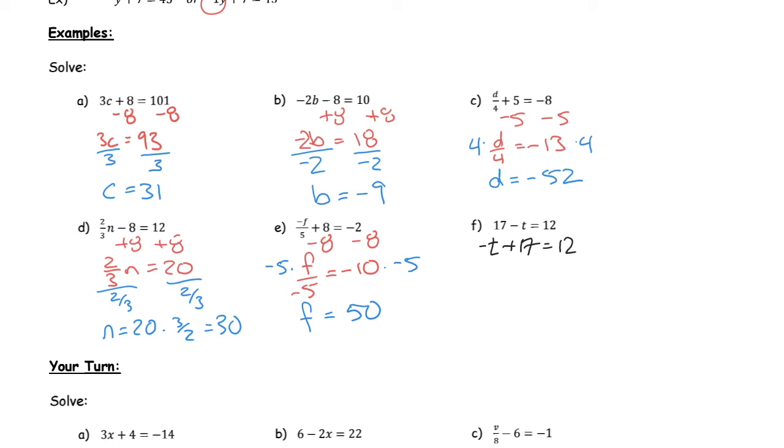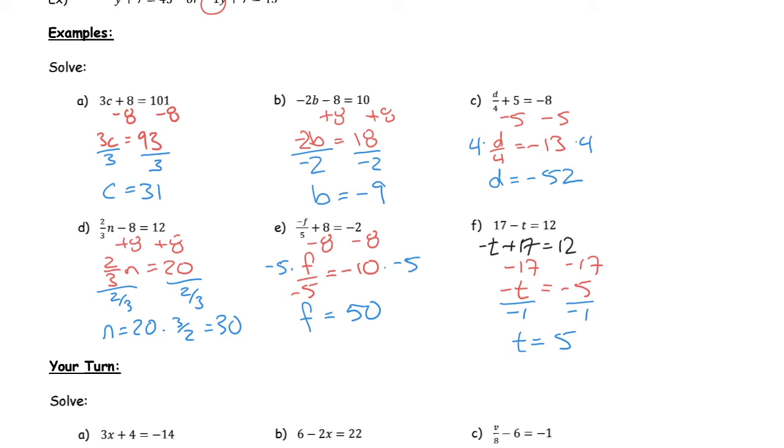Now I'm going to subtract 17 from both sides to balance that part of the equation out, and that's going to get me negative t is going to equal negative 5. And then the negative here is like having a negative 1 as a coefficient. So I'm going to divide both sides by negative 1, and in this case, I will get that t is equal to 5.